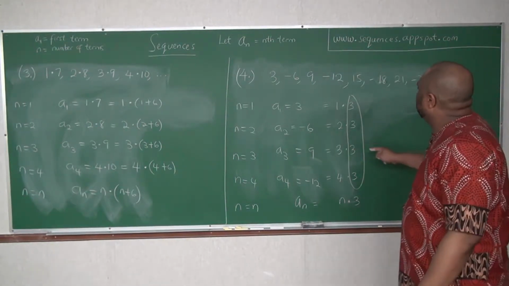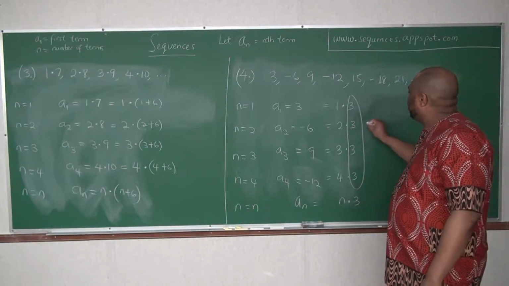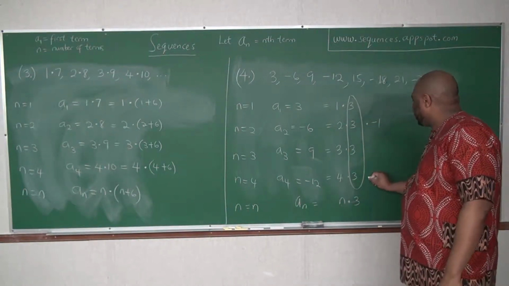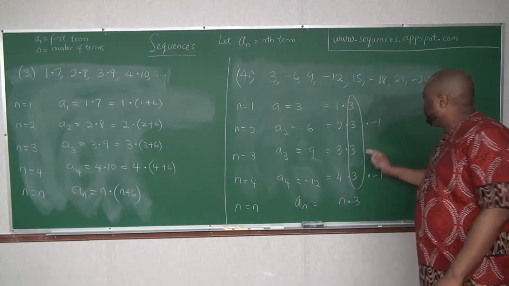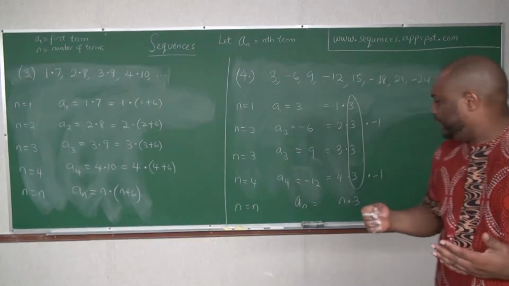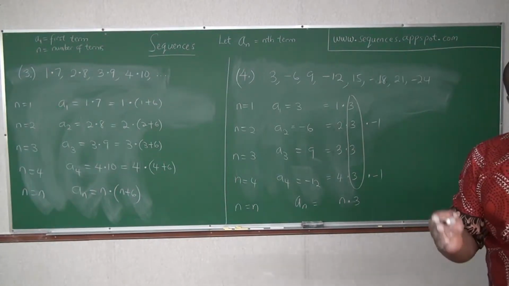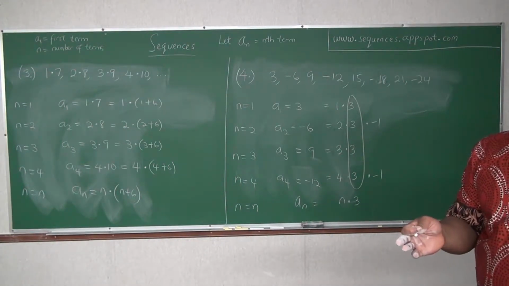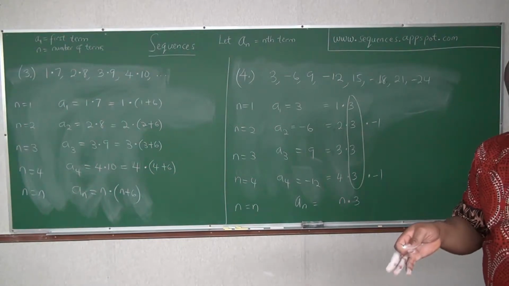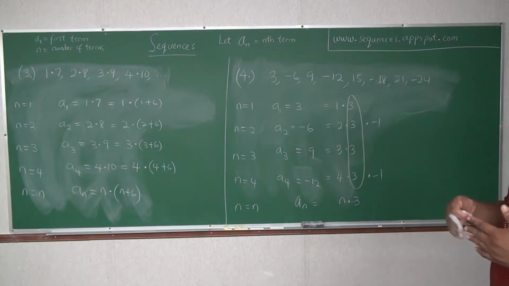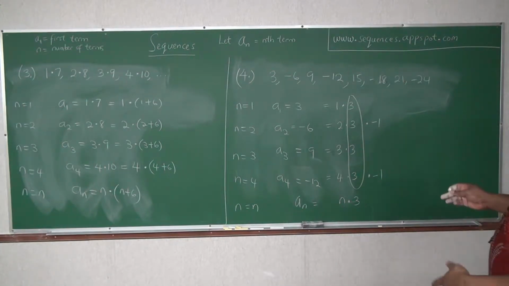Negative 1. So let's put this 2 times 3. Then let's put this as negative 1. Okay. If it is the odd term, then it's times 1.